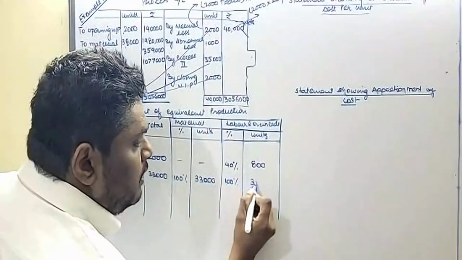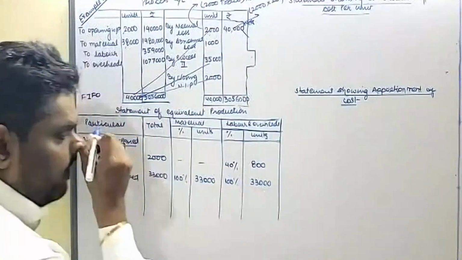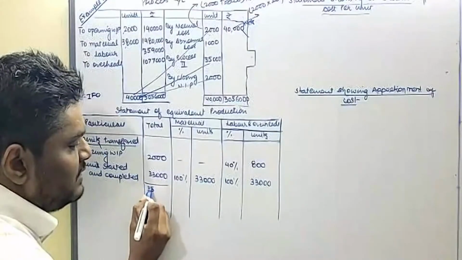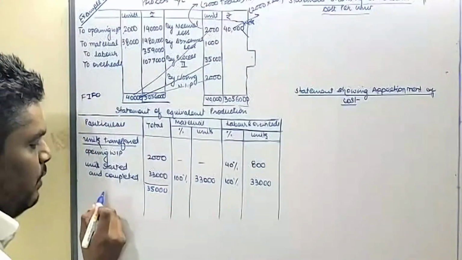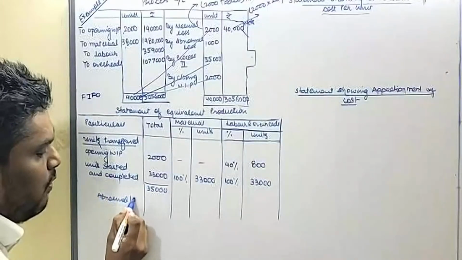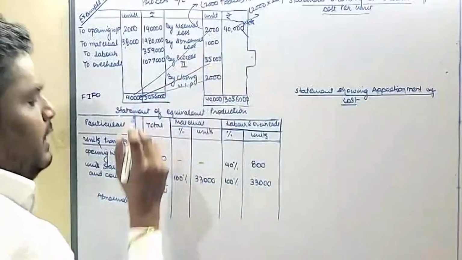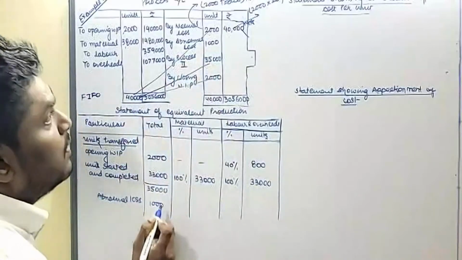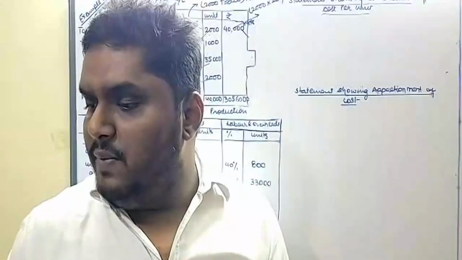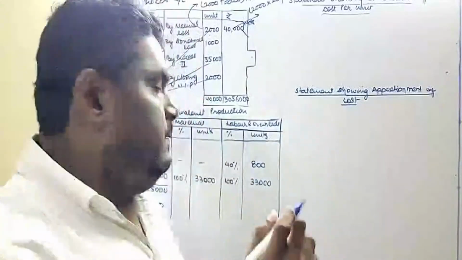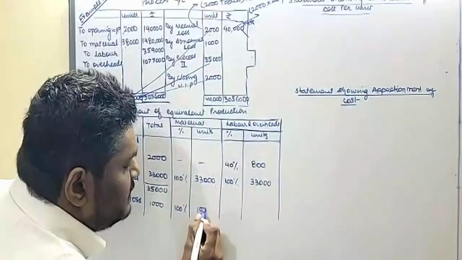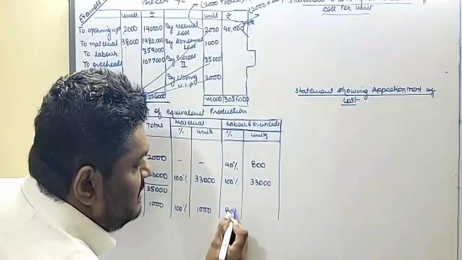So this is all about units that are transferred, that is 35,000 units. When talking about abnormal loss, the units are 1,000. Now, the percentage of completion of abnormal loss is 100% in respect of material. So that is 1,000.